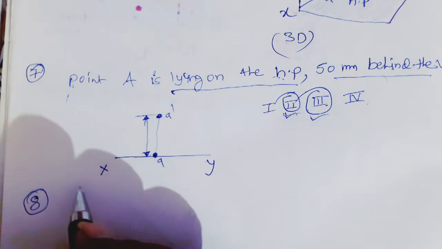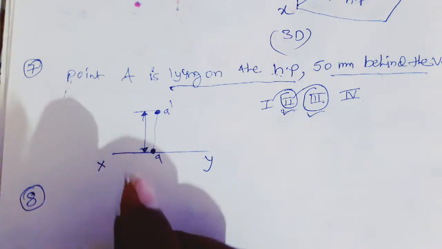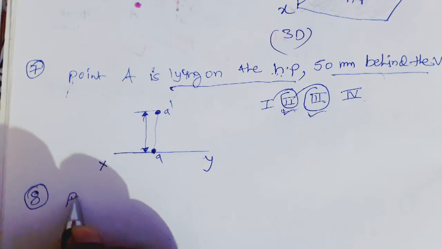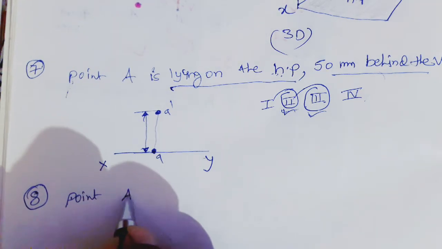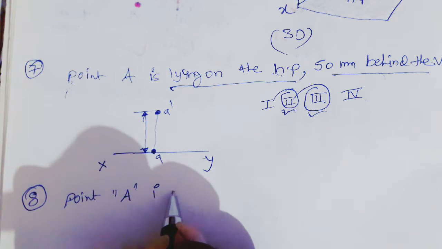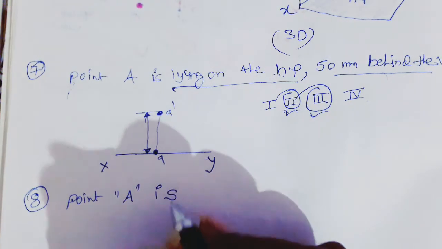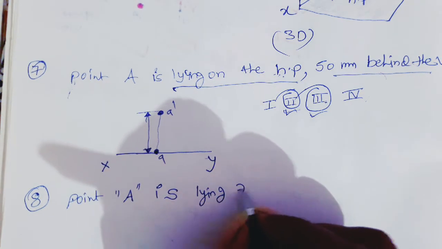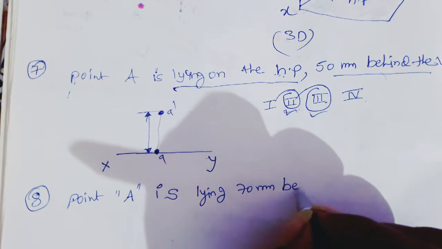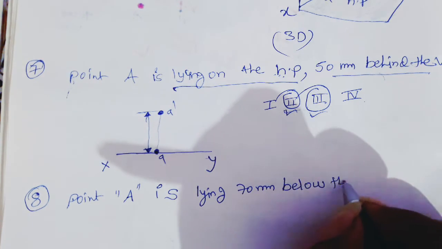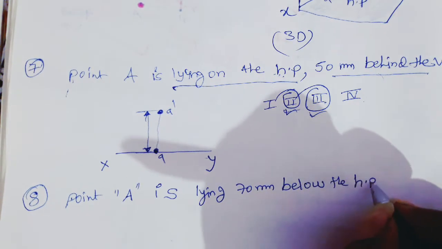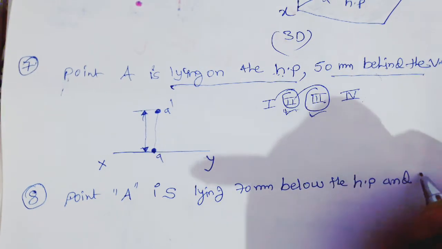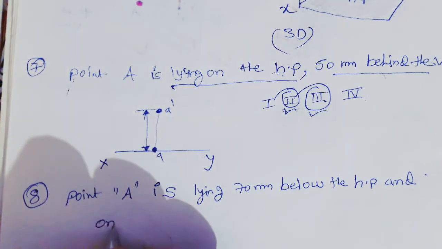Next, we are going to look at the eighth problem, the eighth condition. Point A is lying 70 mm below the HP and on the VP.